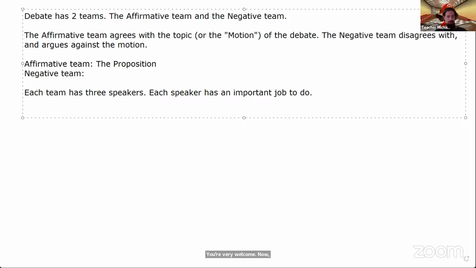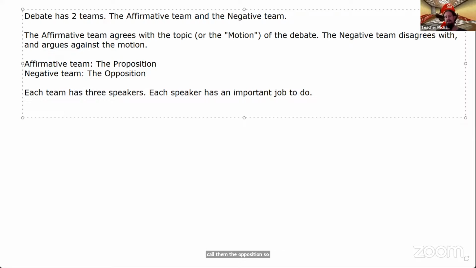Now, a couple of important words I want you guys to learn is that instead of calling them the affirmative team, we want to start referring to them as the proposition. And instead of calling them the negative team, we want to call them the opposition.